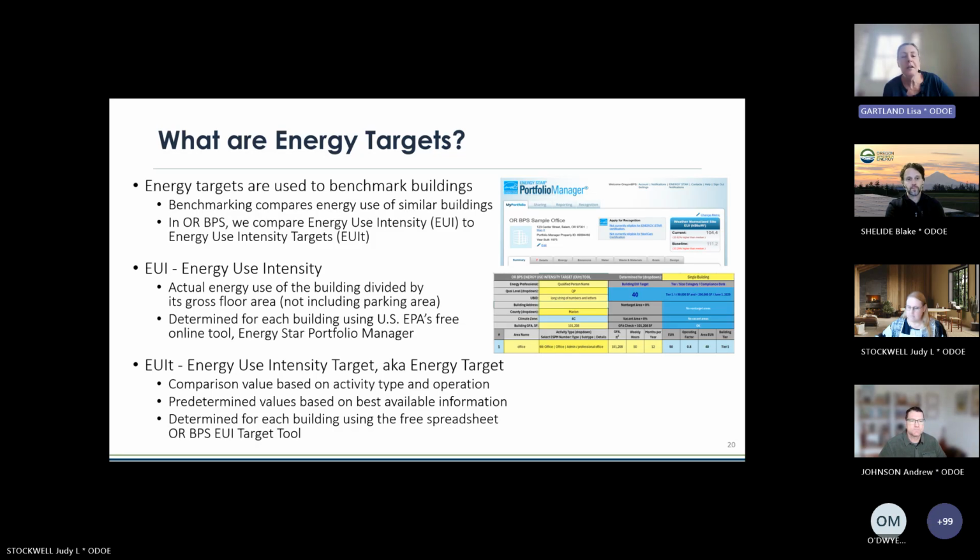They're determined for each building. For your particular building, we have a free spreadsheet, which is called the OR BPS EUI Target Tool. Great catchy name. And that's a downloadable spreadsheet, and we use that to find your target. Let's go to the next slide.